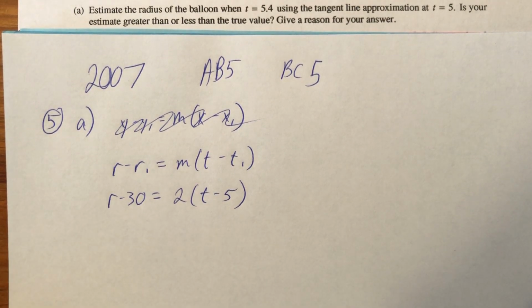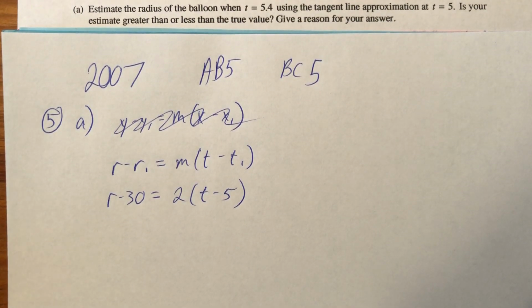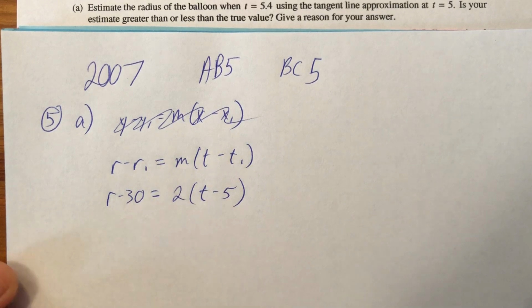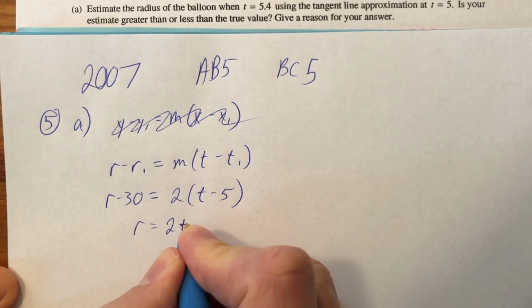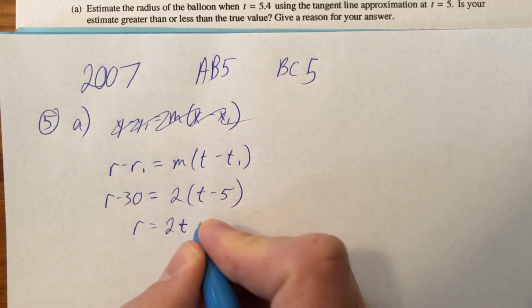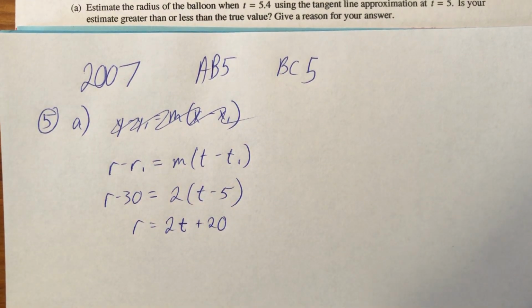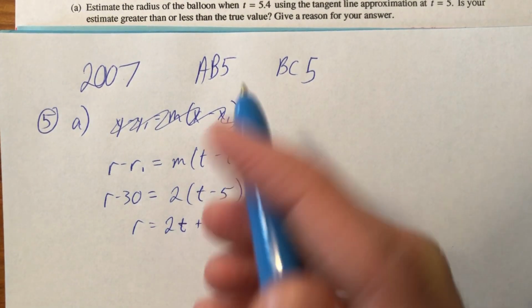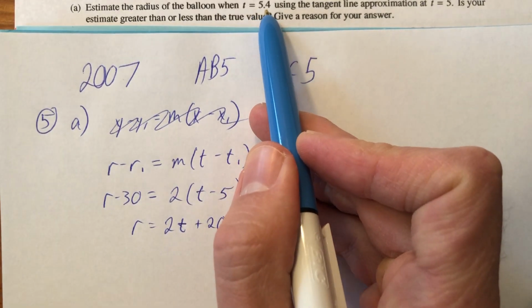And if you leave the 0.0 off in your work, not a big deal. It's fine. They did that just so they could be all decimally. So r equals 2t minus 10 plus 30, so plus 20. And we just found the equation of the tangent line. So good for us. But actually, I'll go ahead and tell you, you don't get any points for that because we need to find what happens at 5.4.